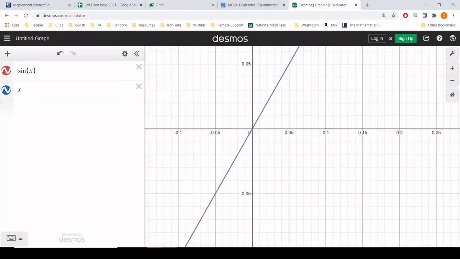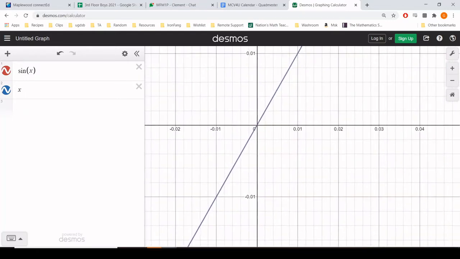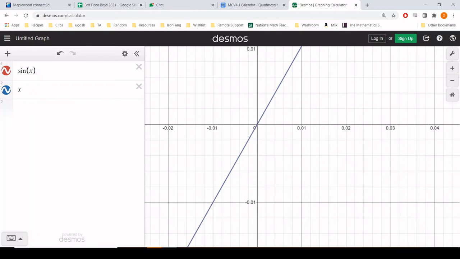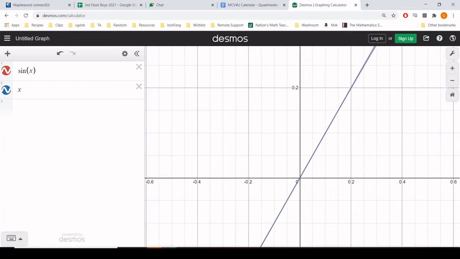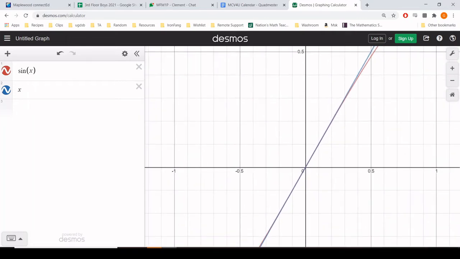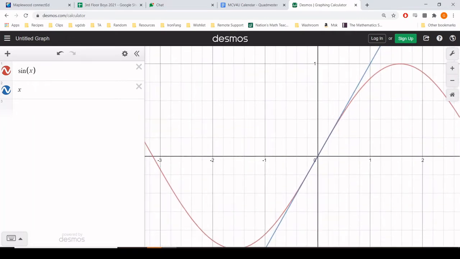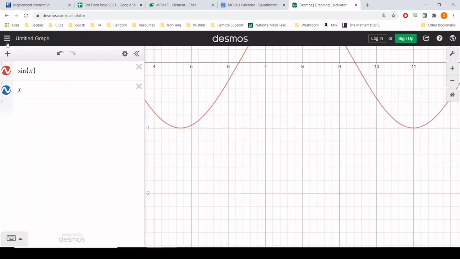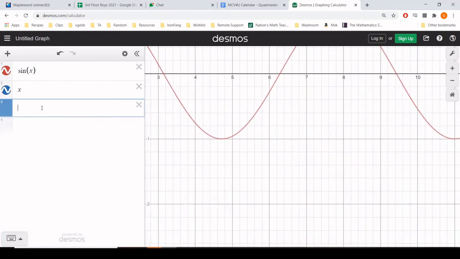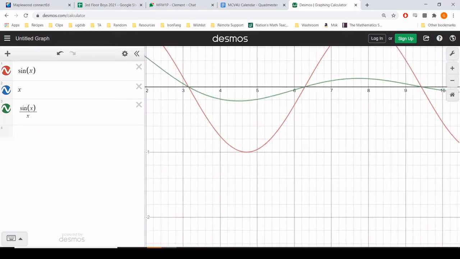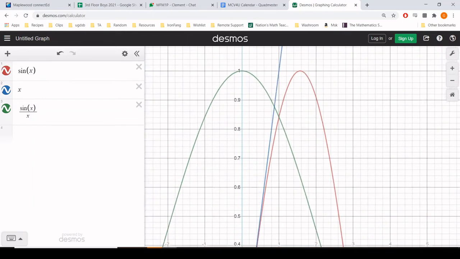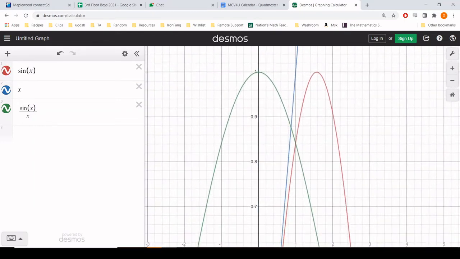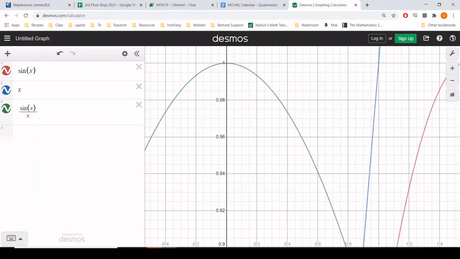And as you see, as x goes to 0, those two graphs are lying directly on top of each other. So as x goes to 0, those two graphs are basically the same number. And so if I divide basically the same number by itself, I should get 1. If you do sine of x over x, yes, in fact, that graph is approaching 1 as x goes to 0. So that's our first limit.